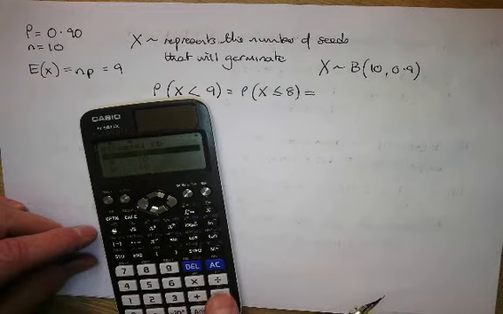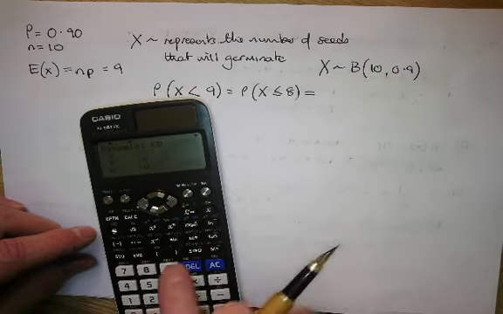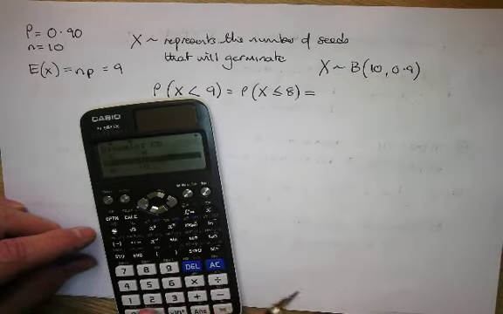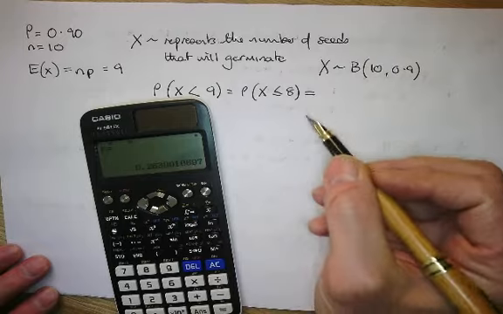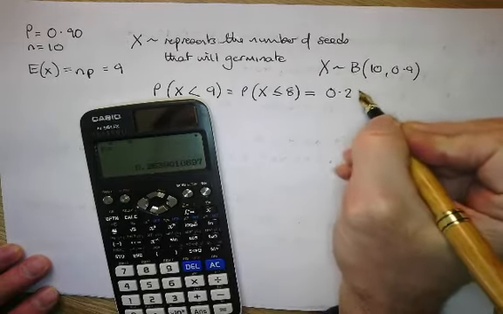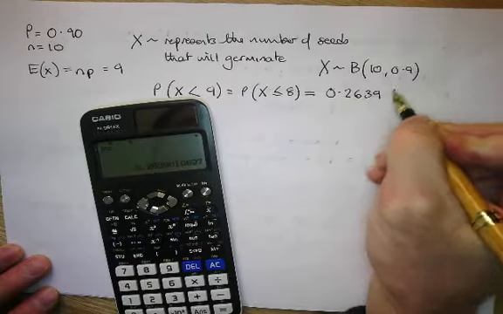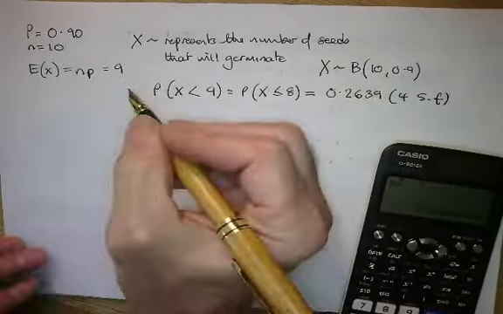You can hear the wind probably. Right, x value is 8, n is 10, and the probability of success is 0.9. Press equals, 0.2639 to 4 significant figures. That's part 1.